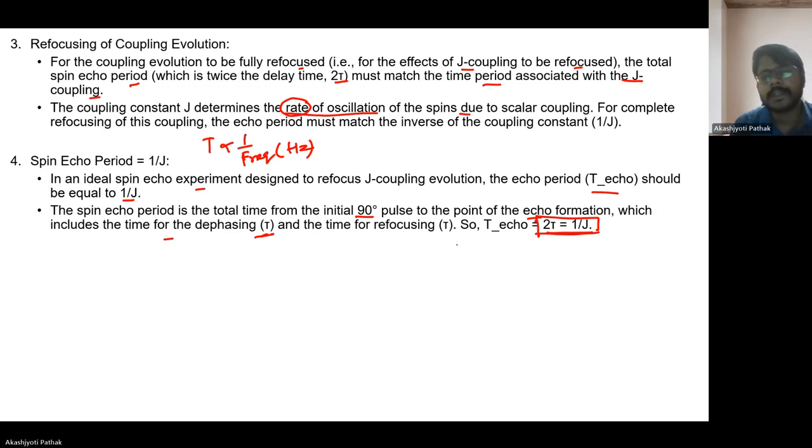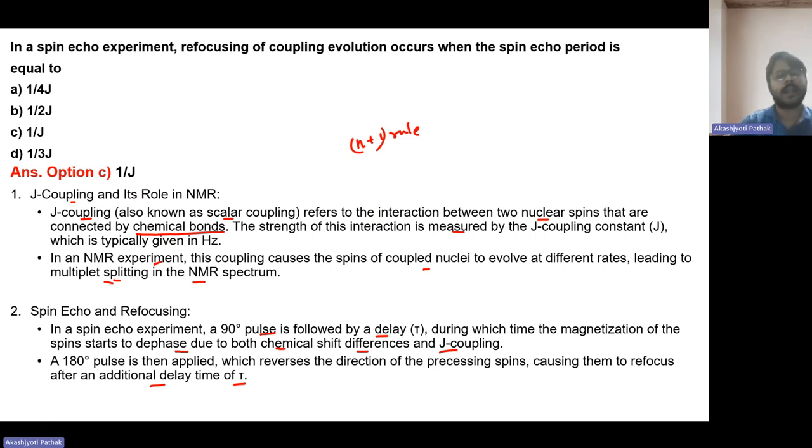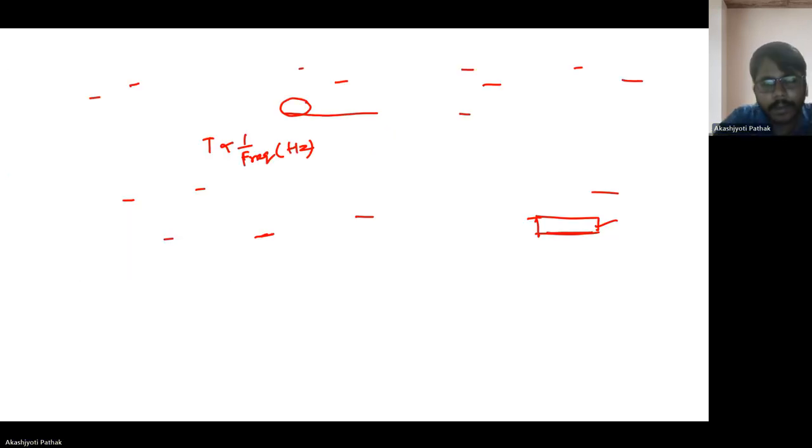So that entire time is tau plus tau, 2 tau, which is equal to 1 by J. So the answer to this question: in a spin echo experiment, refocusing of coupling evolution occurs when the spin echo period is equal to 1 by J. I think the answer is clear now.